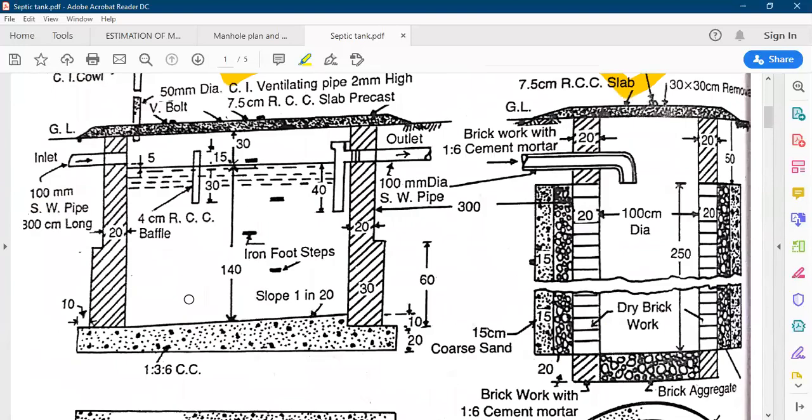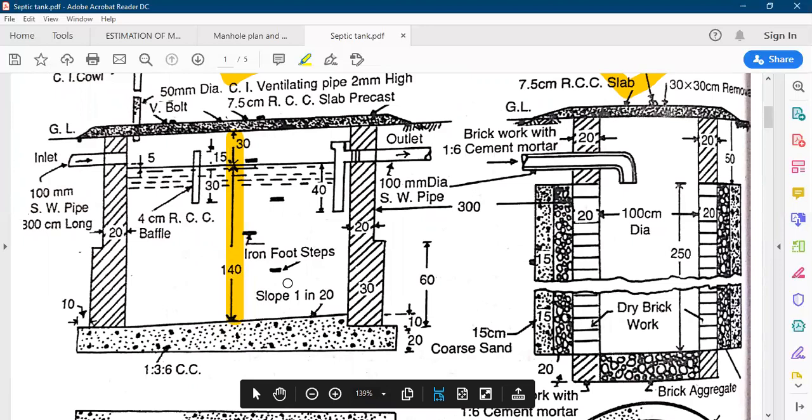In the other direction we have short walls, right? These are to be plastered for a total height of 170 centimeter, that is nothing but 1.7 meter height, right? This is the overall height which has to be taken for plastering purposes.